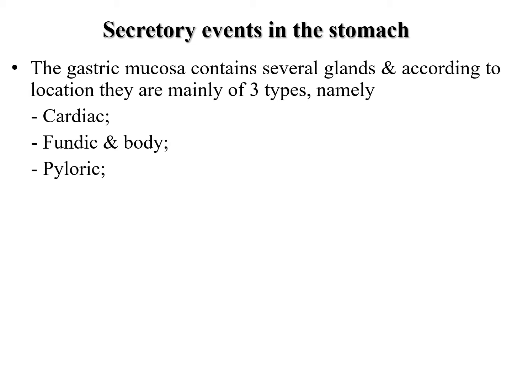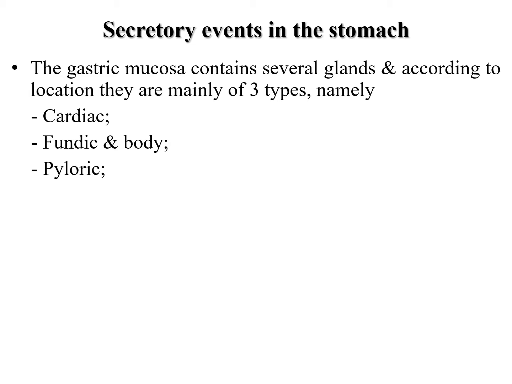That is the cardiac gastric glands, that is the gastric glands located in the cardiac region of the stomach, the fundic and body gastric glands, that is the glands located on the fundus and the body of the stomach, and the pyloric glands.